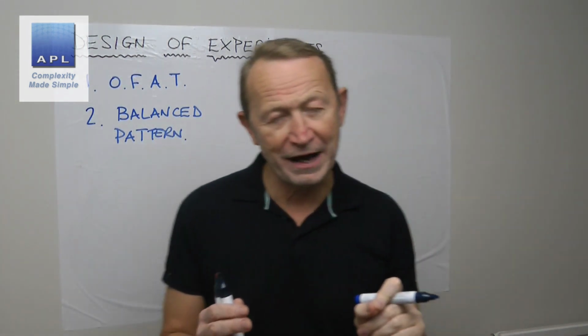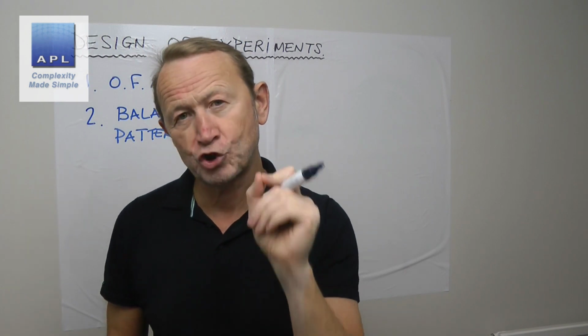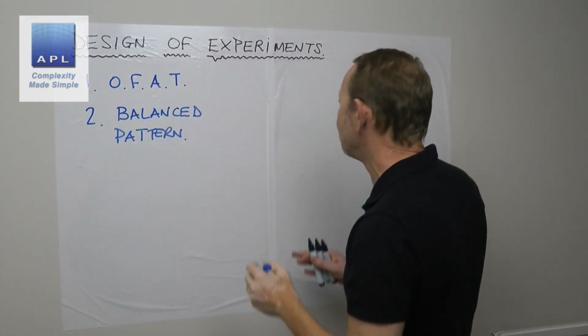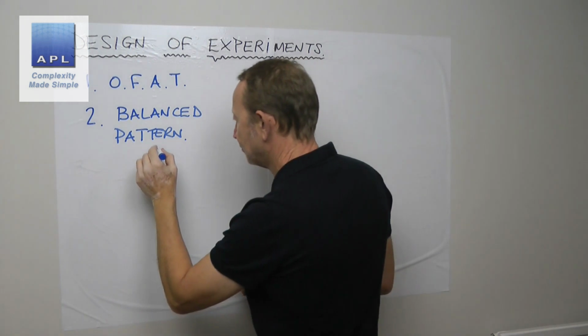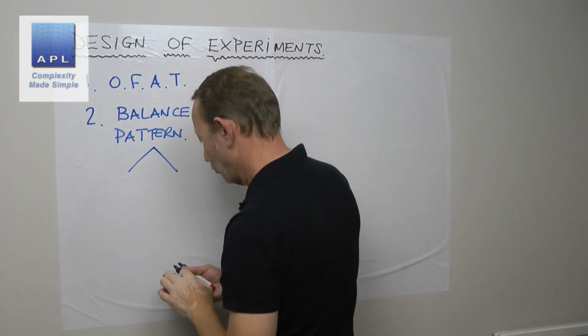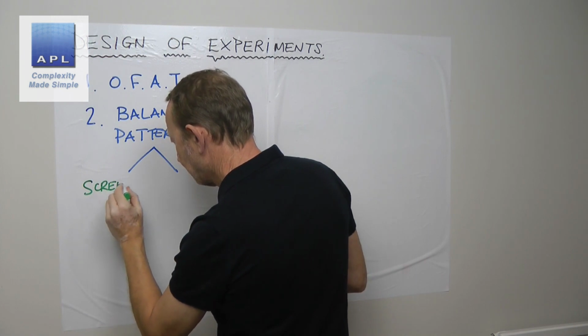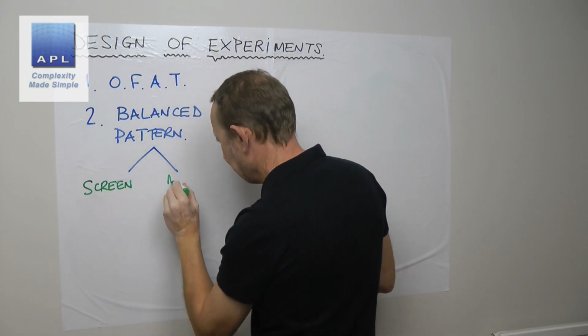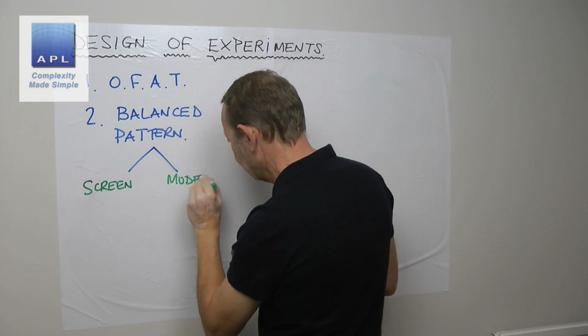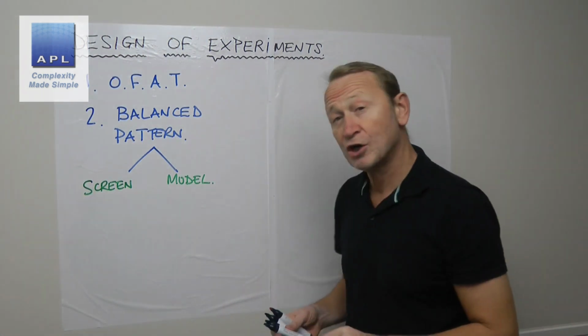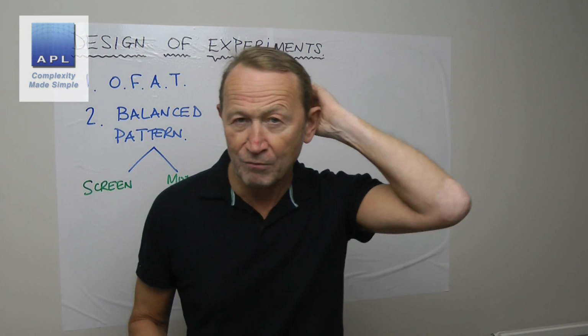And from the balanced pattern, we have two potential experimental techniques. We can screen or we can model.